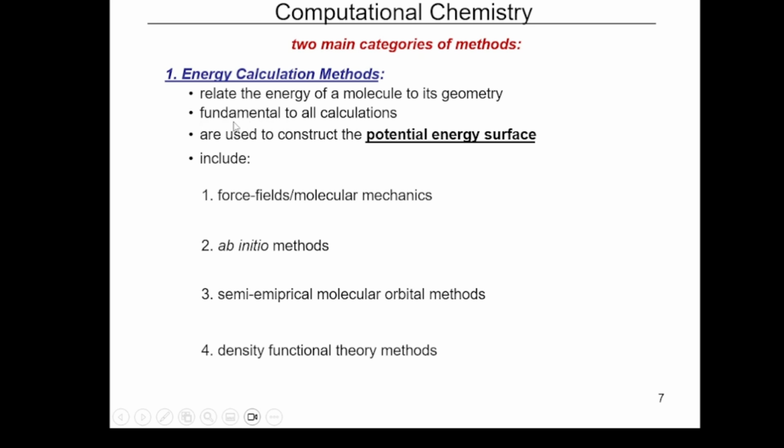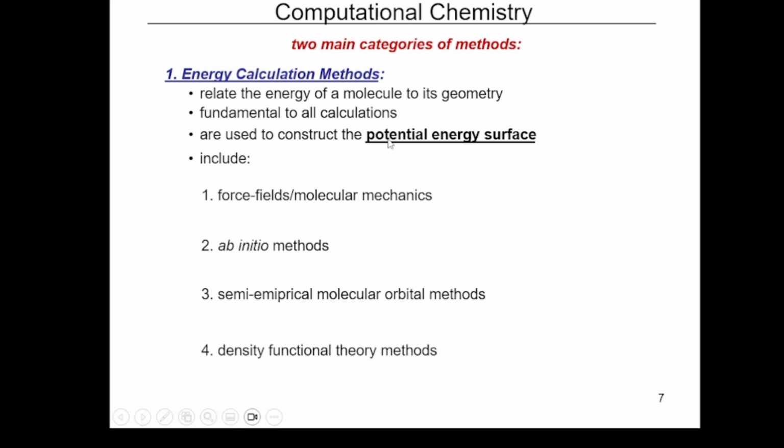In other words, in computational chemistry, the first thing that you're going to do is relate the energy to its structure. That is very fundamental to all calculations in computational chemistry. And this relationship between structure and energy is used to construct the potential energy surface.